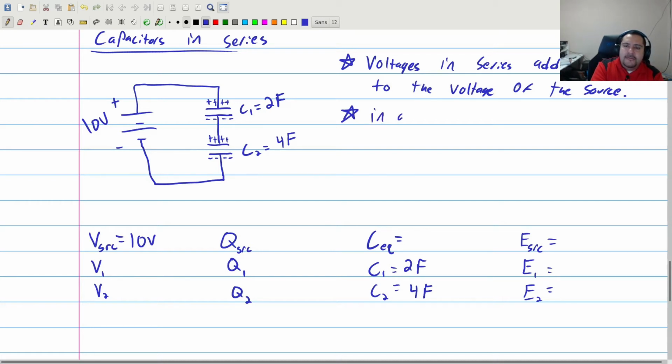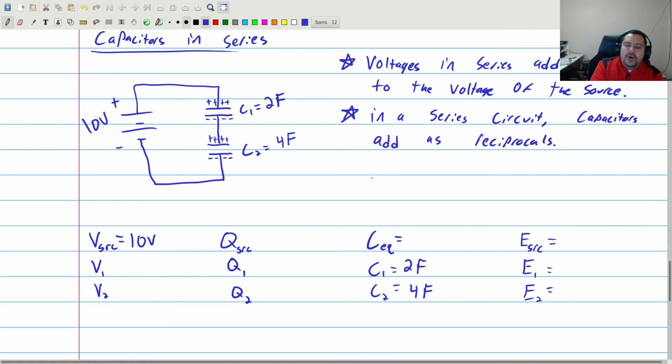So in a series circuit, capacitors add as reciprocals. What does that mean?